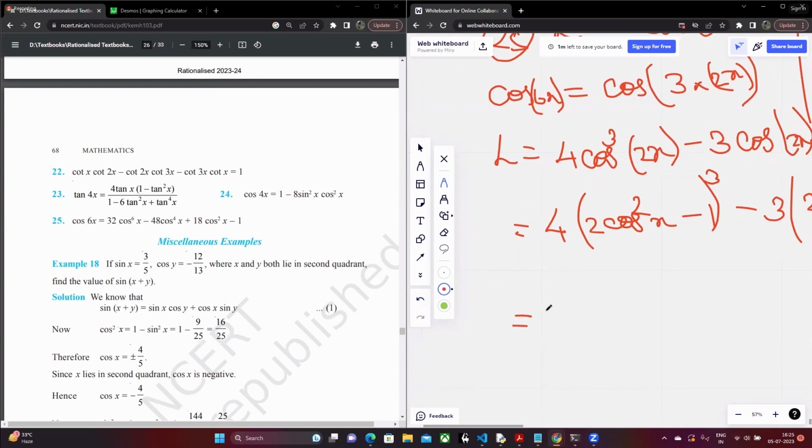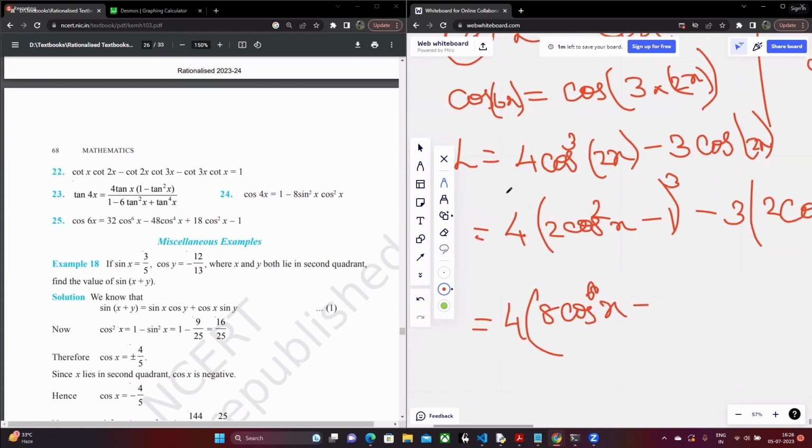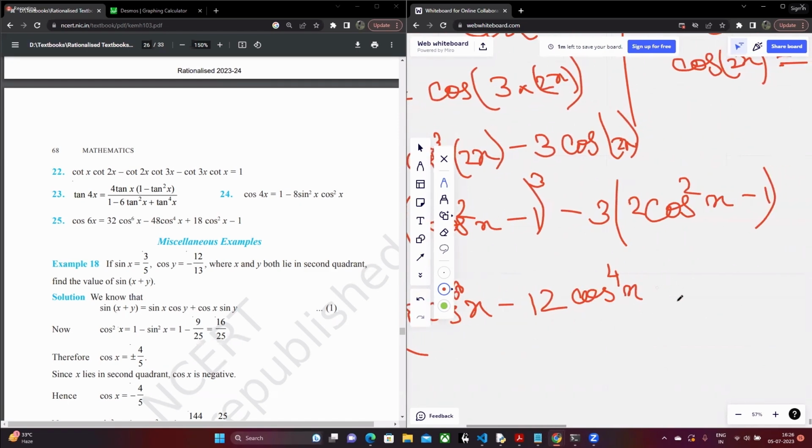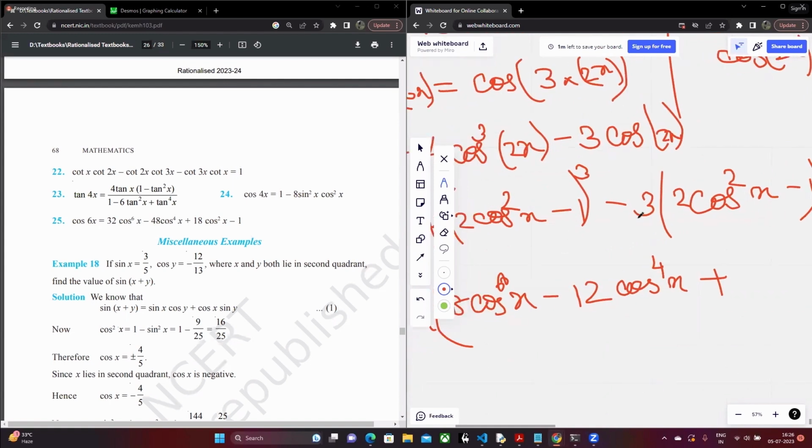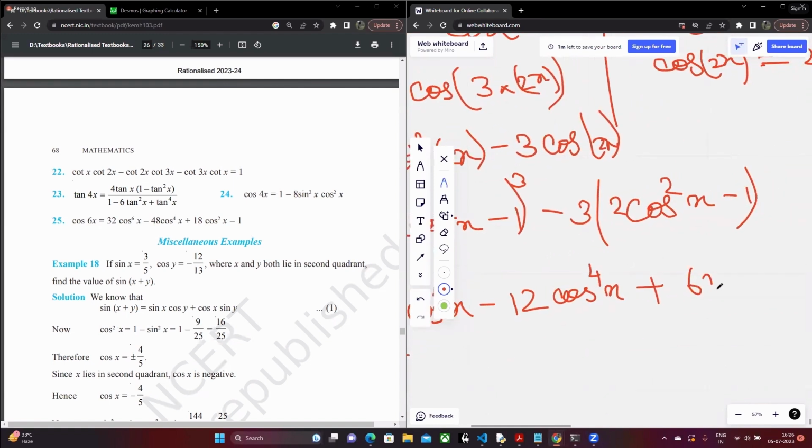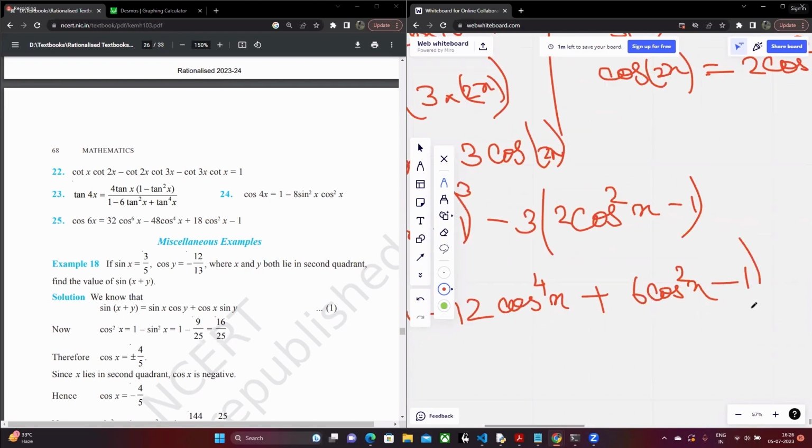So over here, you're going to deal with 4 times. The cube of this expression is going to be (A minus B) the whole cube. That is going to be A cube, that is 8 cos power 6x, minus 3A squared B, that is 3 into 4, that is 12 cos power 4x, plus 3AB squared, that is 6 cos squared x, minus B cube.